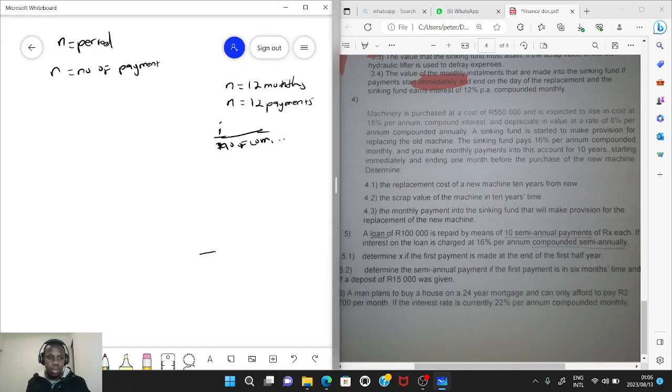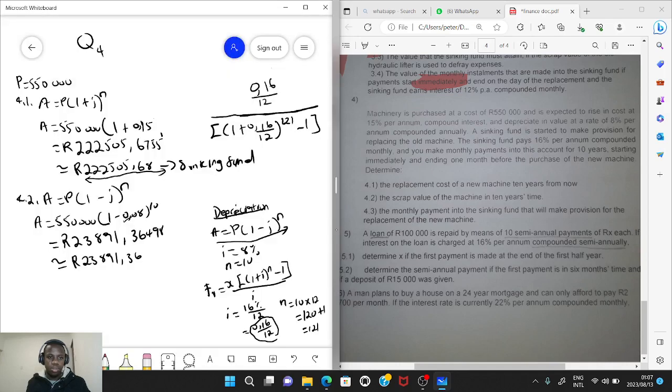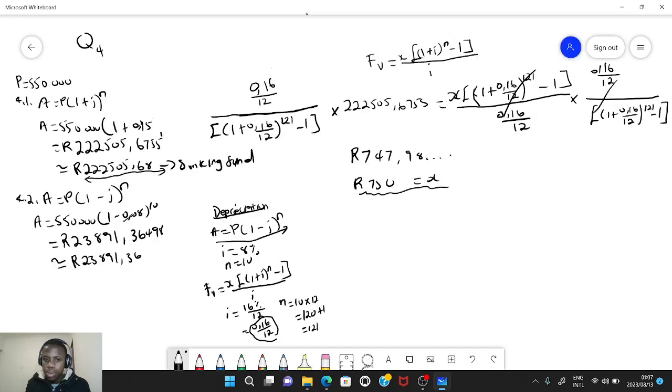No, seems like it's, no, no, no. Yeah, it has to be this one. Let's check. Yeah, it has to be this one. Okay, let me check. I just want to verify whether we used the correct procedure.